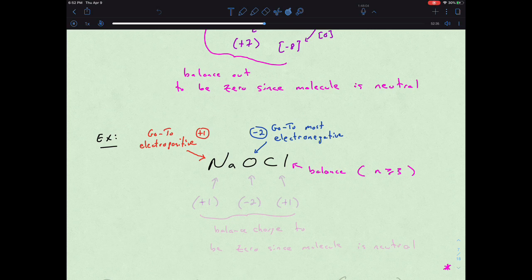So our sodium here has a +1 oxidation number. Our oxygen has a -2 oxidation number. And then our chlorine, which we don't think of as being positive, actually has a +1 oxidation number, again, to balance out the charge.